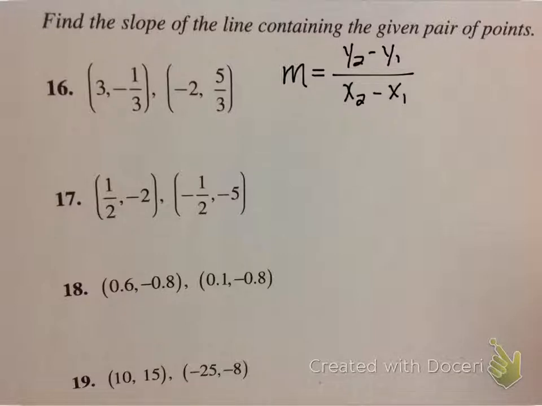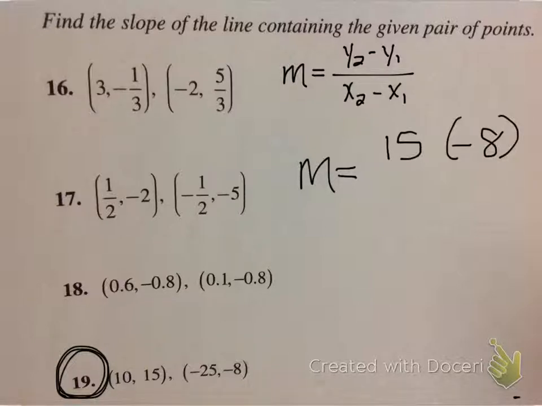So let's look at number 19 down here at the very bottom. And we're going to apply our formula. So if I subtract my y-coordinates are 15 and negative 8, but I have to subtract them. So that's really important. Make sure you subtract. Since I'm going 15 minus negative 8, I have to go 10 minus negative 25.